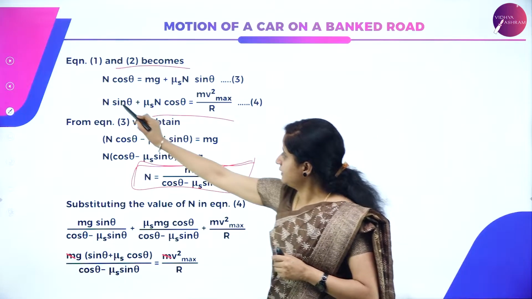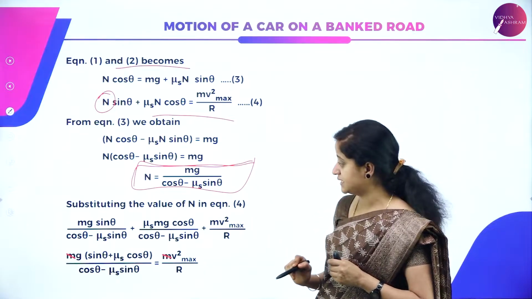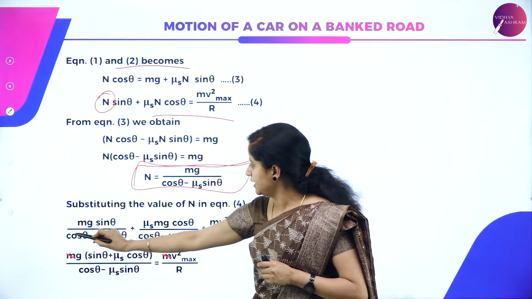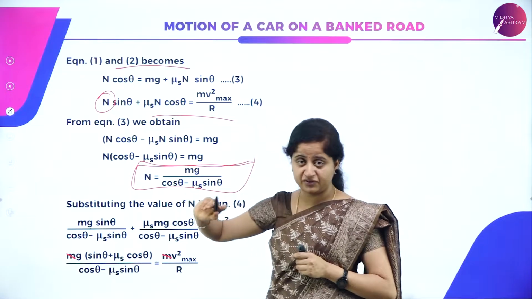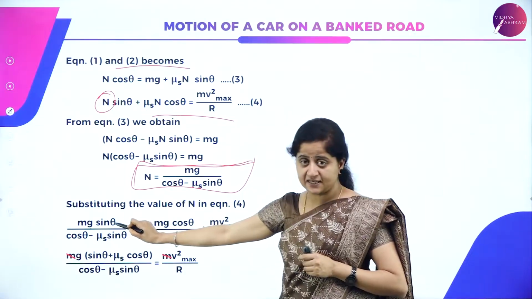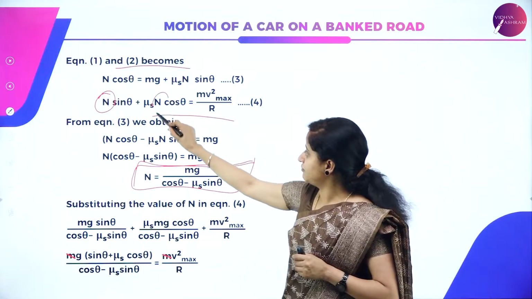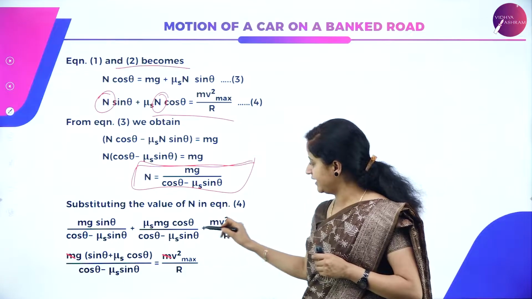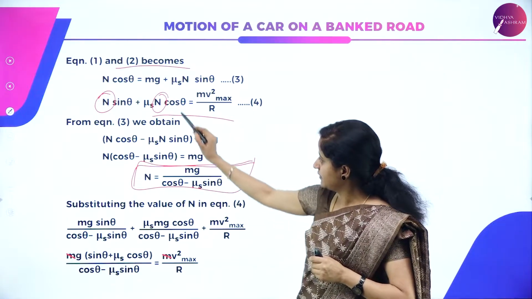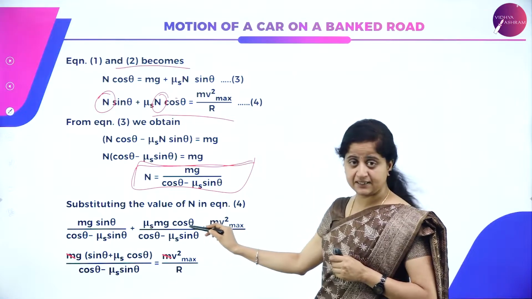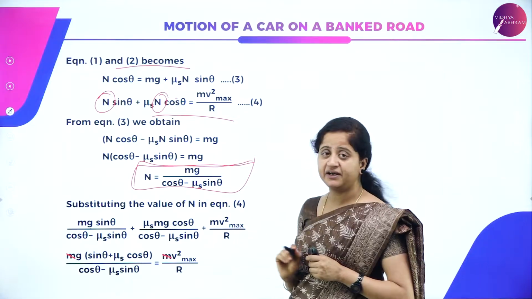Now we have the expression for N, and substituting the value in the fourth equation, in place of N we substitute mg divided by cos theta minus mu s sin theta, with sin theta retained, plus mu s, again with N replaced by mg divided by cos theta minus mu s sin theta, and cos theta retained, which is equal to mv square max divided by r.